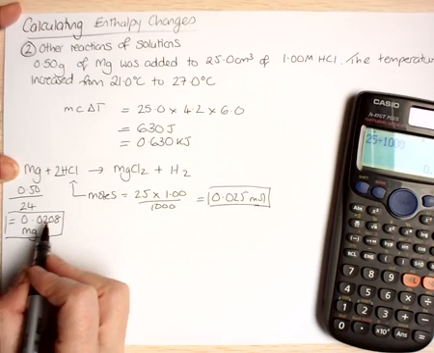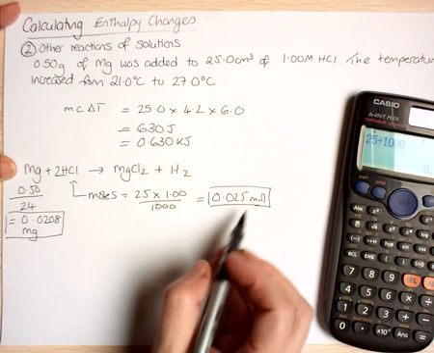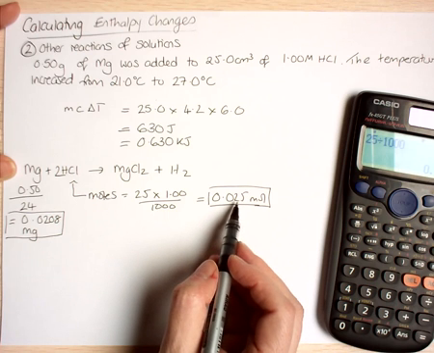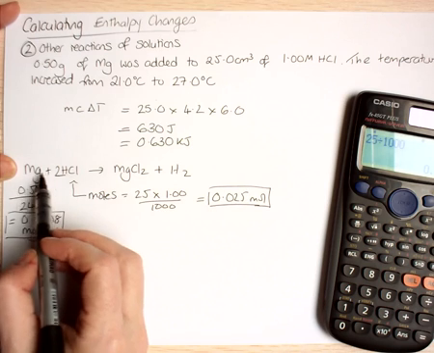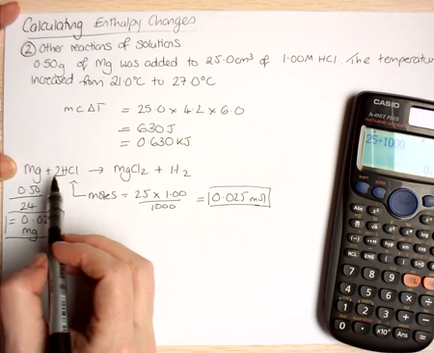Now, you may look at these numbers and think that the hydrochloric acid is in excess because that has the greatest number of moles. However, we need to take into consideration the molar ratios.